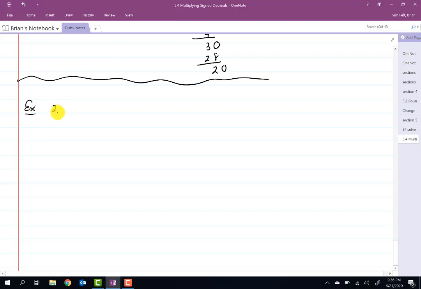Let's do 23.5 divided by 9. All right, let's see. 9 goes into 23 twice. And then I'll bring down the extra 5.